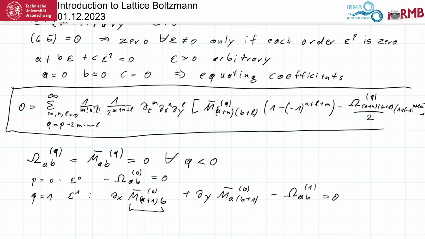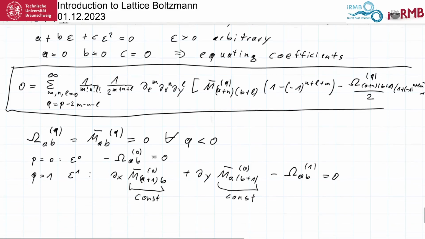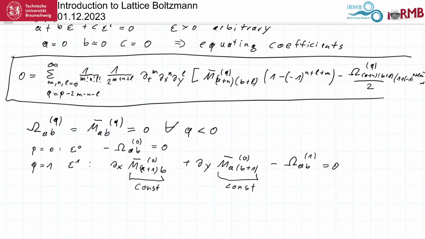Now, because these things here are order 0, they are const. Const means they are not dependent on anything, so they will disappear. You take the derivative of a const value, they disappear, which means that also to the first order, the change is 0.